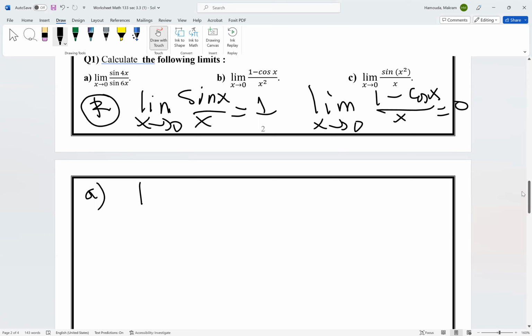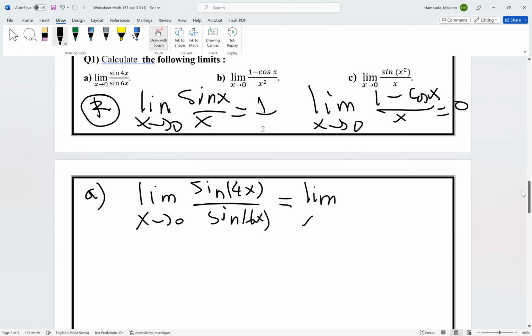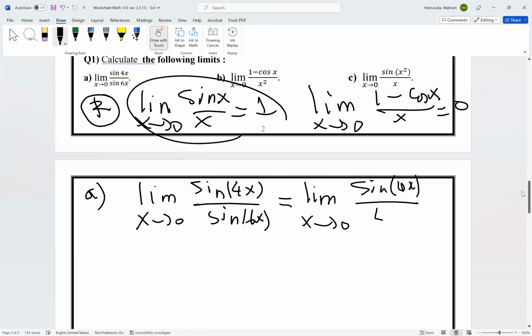So the limit when x approaches 0 of sine 4x over sine 6x. This is kind of using limit number 1 twice. So I will write it in the following way. For sine of 4x, I need to apply the rule here. I need to divide by 4x, the same theta inside the sine.